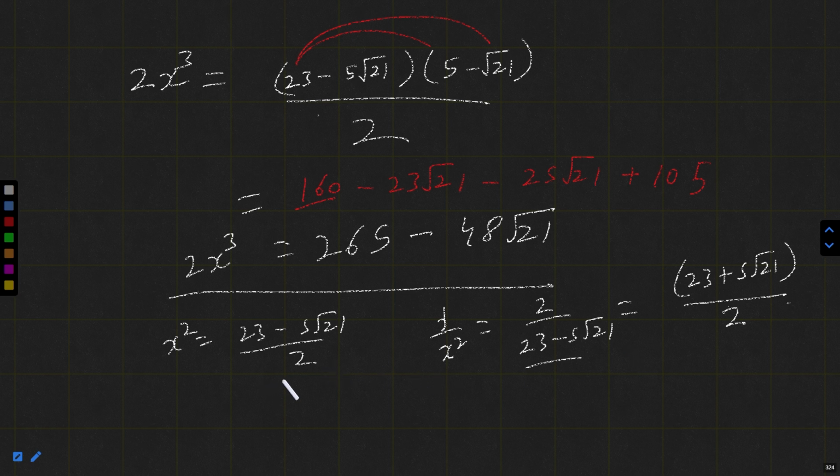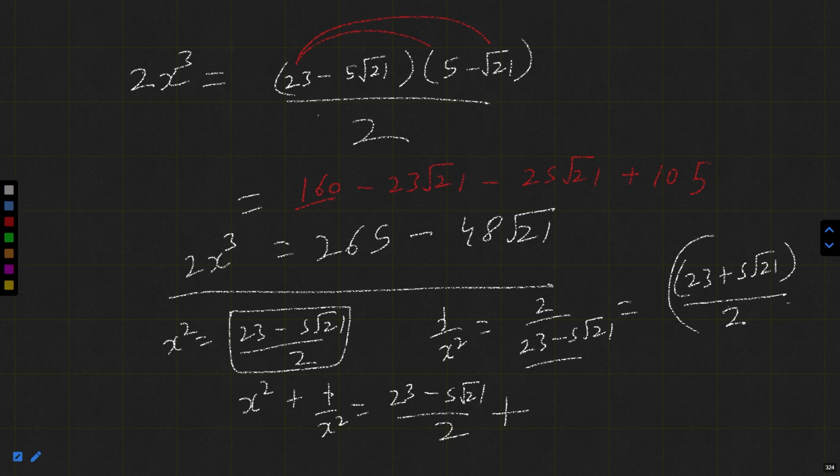So we know that x square plus 1 by x square is, here is our x square, which is 23 minus 5 root 21 by 2, plus here is our 1 upon x square, which is 23 plus 5 root 21 by 2.